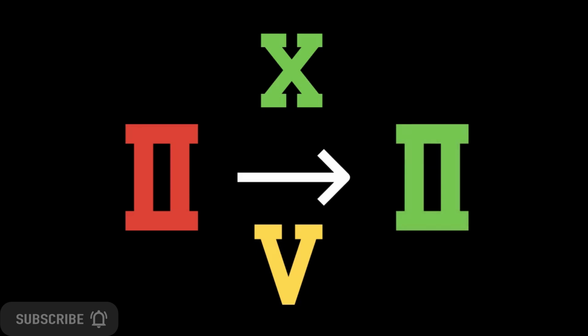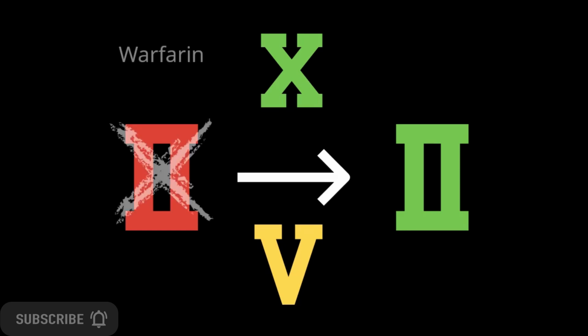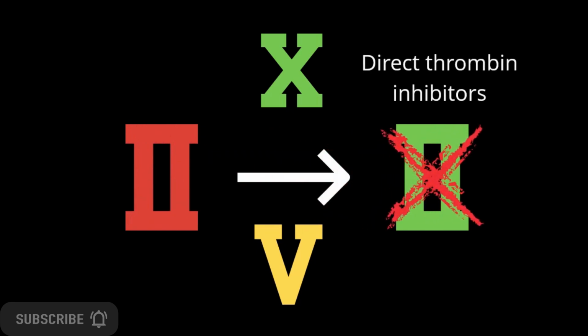And factor 2 or thrombin then converts fibrinogen into fibrin, which then leads to the formation of an actual clot. Now, once again, warfarin plays its role here by inhibiting the synthesis of factor 2 or prothrombin. Whereas direct thrombin inhibitors inhibit the activated factor 2 or thrombin directly.